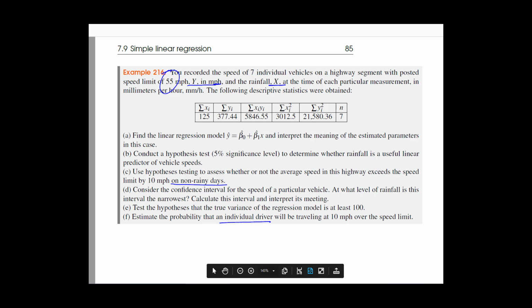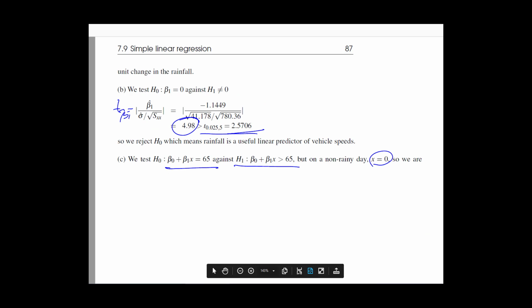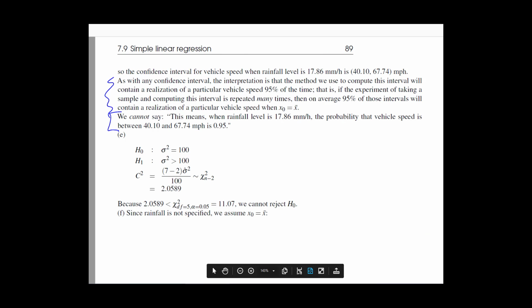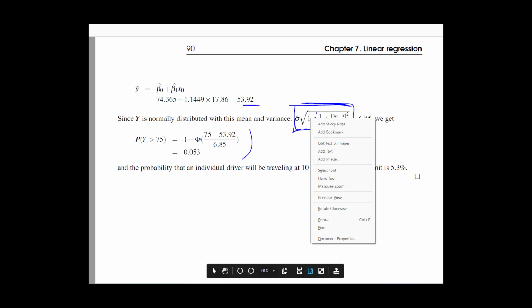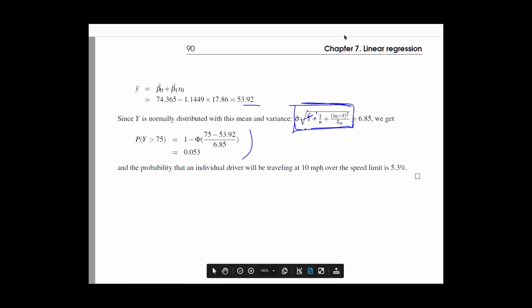So let's do part G here. Estimate the probability that an average driver will be traveling... Now, when it's average, it means it's the regression line. So in that case, the only change is that this one disappears. There you go.